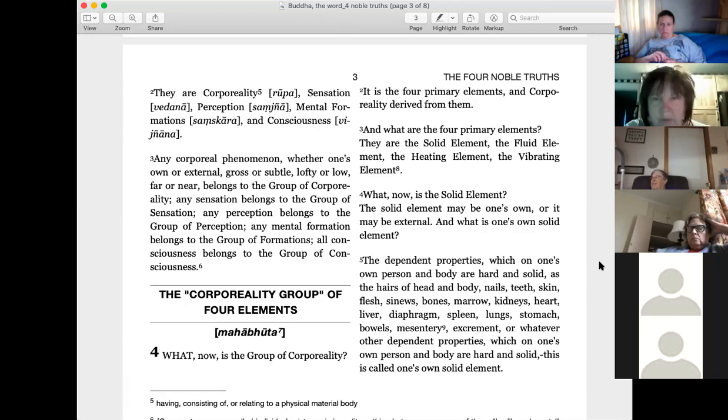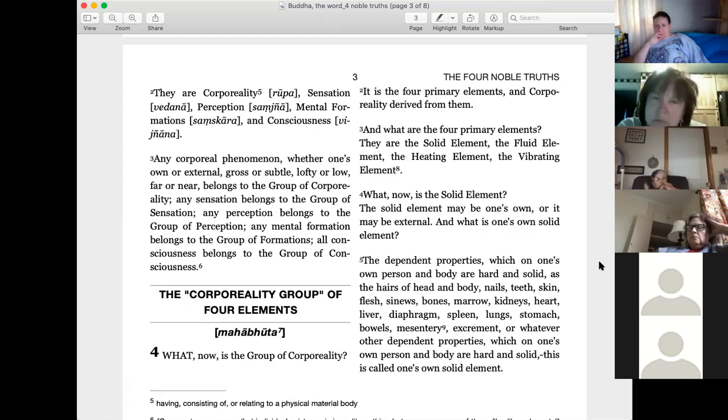Which becomes clear when he explains. So the solid element, whether it's our own or an external, like being someone else that you are engaging with, theirs or your own.